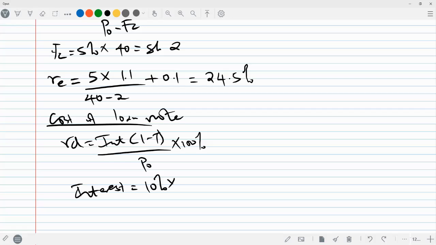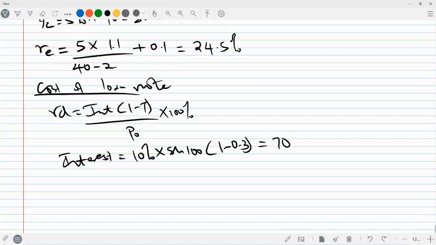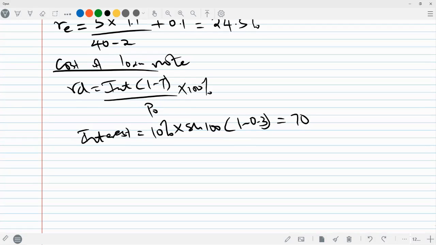This is an assumption I have made. 100 net of the tax gives 7. P naught is the issue price, which is the par value. Therefore, the cost of the bond is 7 divided by P naught 100, expressed as a percent. This is not 70, sorry, this is 7, so 7%.